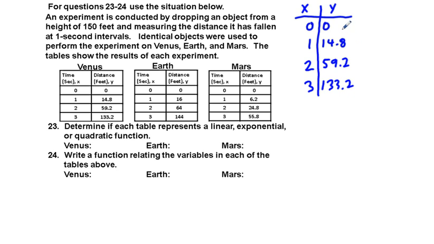So now we're going to take our first differences here. We have plus 14.8. We have our next first difference. We're going to have 59.2 minus 14.8. I'm going to work that down below here. 59.2 minus 14.8.